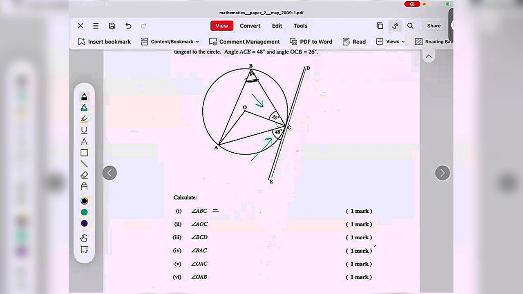Any ideas? Would it be 26 degrees? No. Geneva, your answer here is incorrect. You said 26, but why? Because angles are the same, something. Sir, you want the theorem?